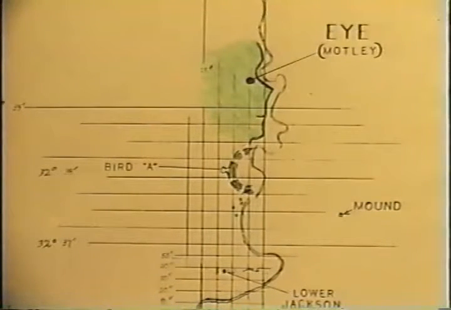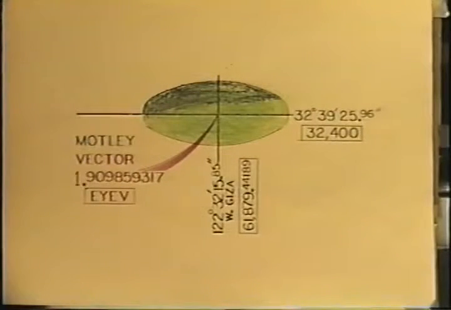Its grid point: the eye on the face, the misnamed Motley Mound, which also resides near water. Its value in the matrix, 1.909859, or 1/30th of the radian, another mathematical constant.